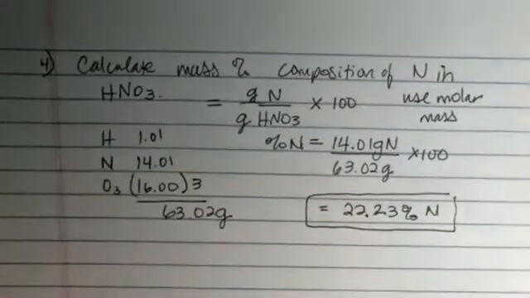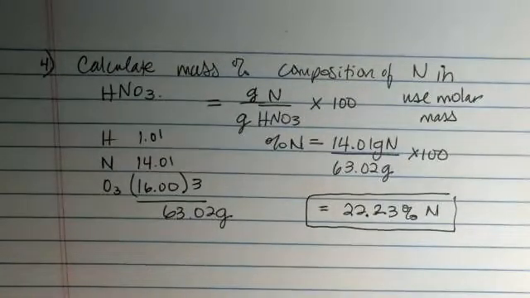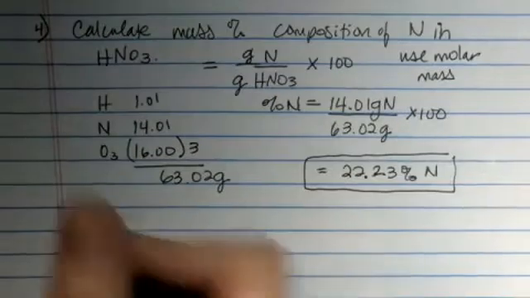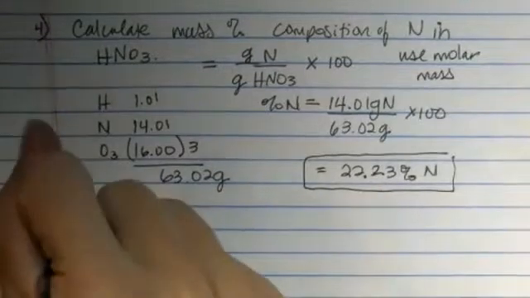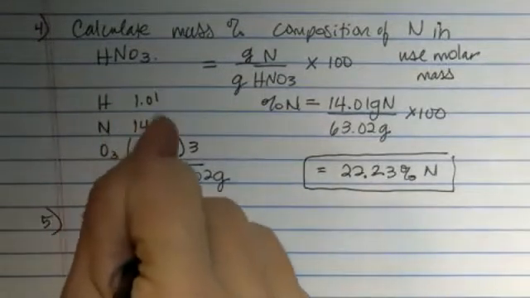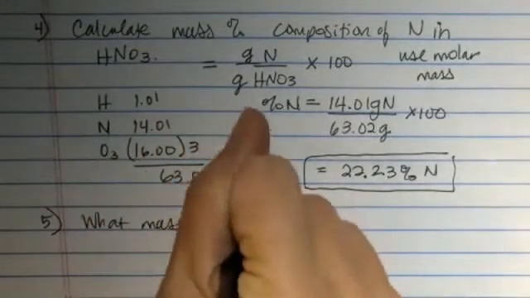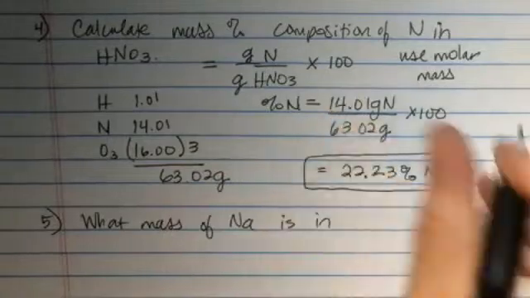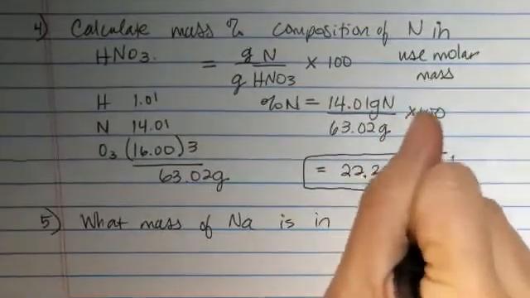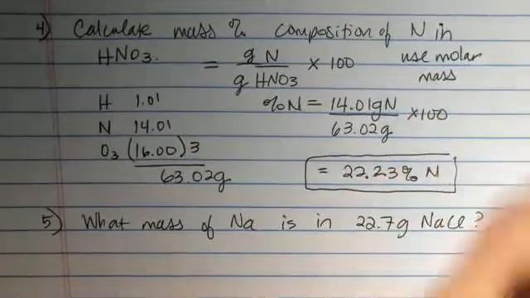All right, there were some questions on the homework where it said, now that you know the percent composition, what would be the mass of sodium in sodium chloride? Let me give you an example. What mass of sodium is in 22.7 grams of NaCl?